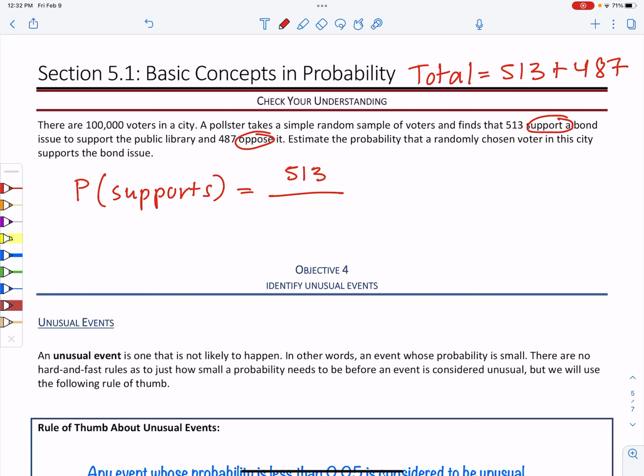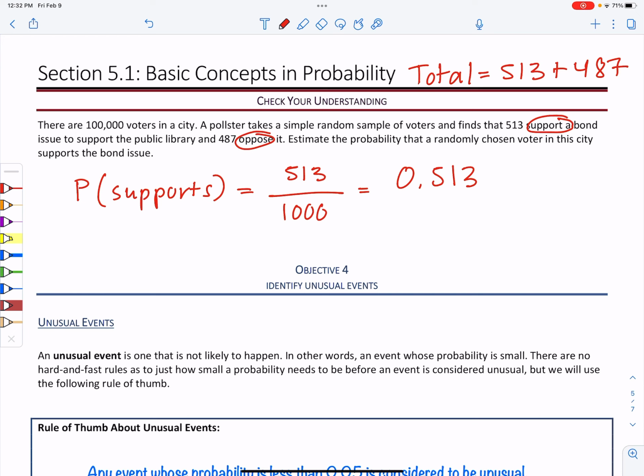Now, this one told me that I had 100,000 voters. But notice because this is a sample, my total is not actually 100,000. If I put these two together, 513 plus 487, I get a total in this sample of 1,000. And that's what I need to divide by to find my probability.